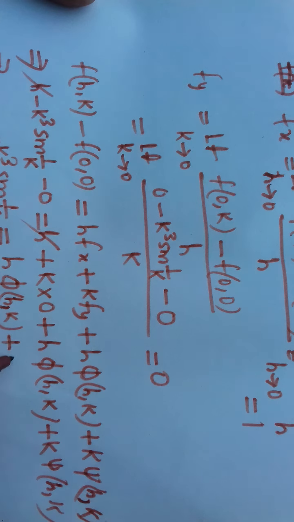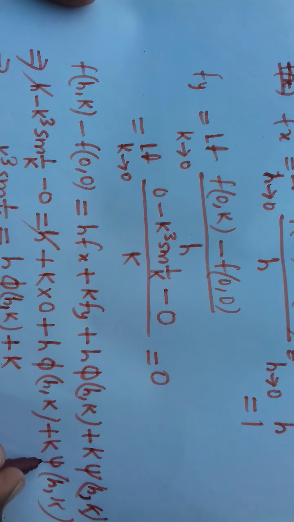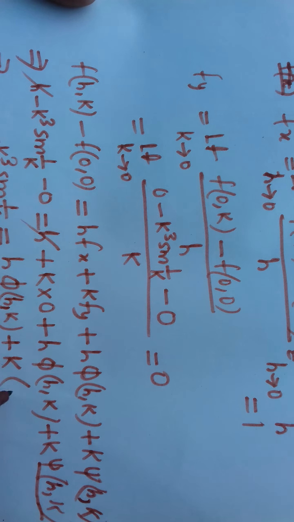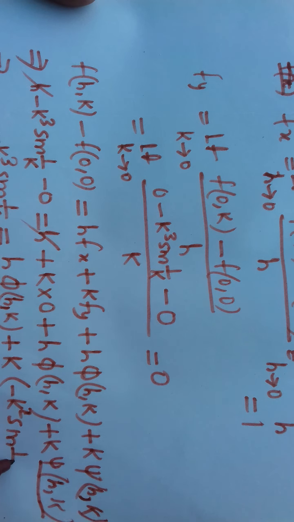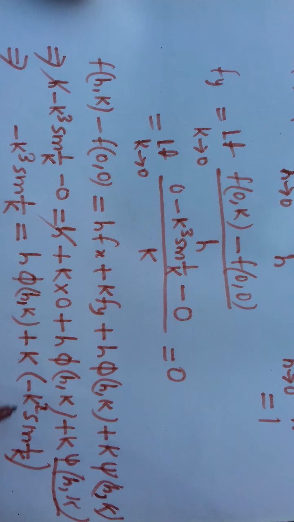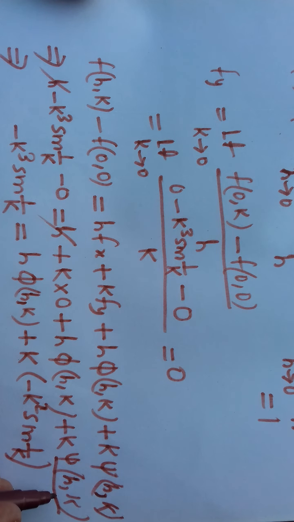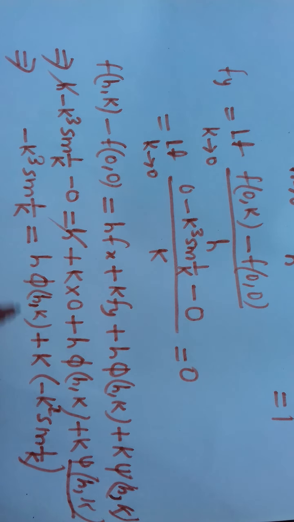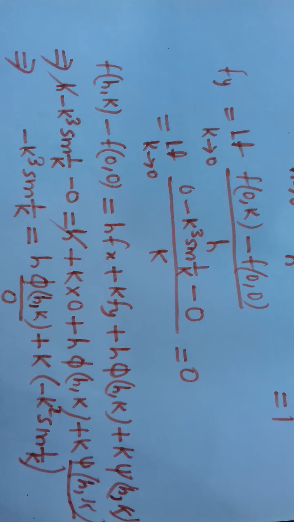plus k, and at the place of this we can write minus k square sine 1 by k. See, I have written this at the place of psi(h,k), and to get the equality we must have this to be 0.